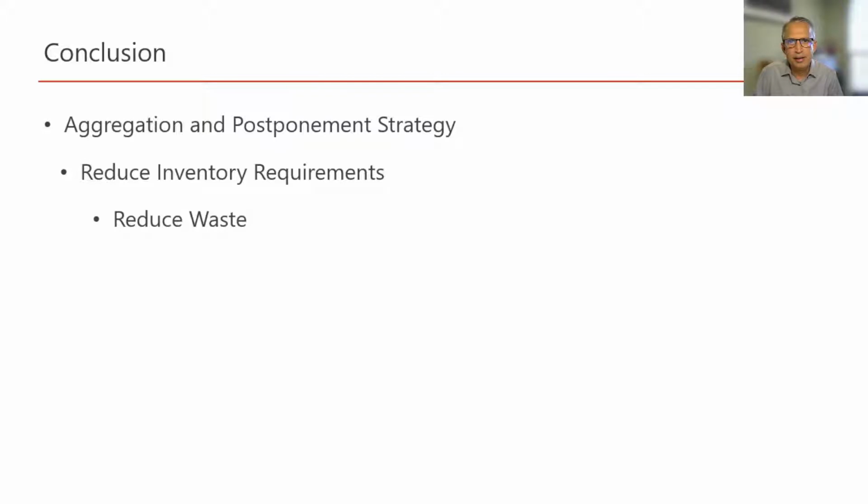Others like Dell have also used the same strategy to maintain high availability while maintaining low inventories. In case of Dell, higher inventories could lead to products becoming outdated before they can be sold, and therefore can result in wastage. And of course, in case of pharmaceutical companies and clinical trials, higher inventories could lead to higher wastage because products can expire before they are able to be used.